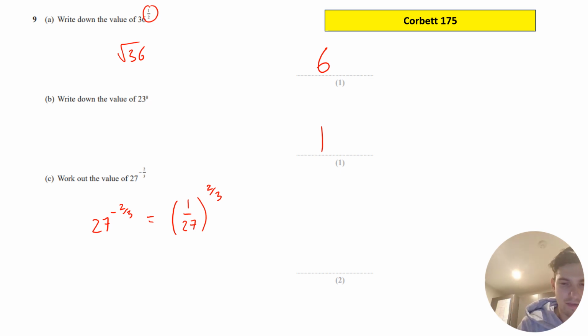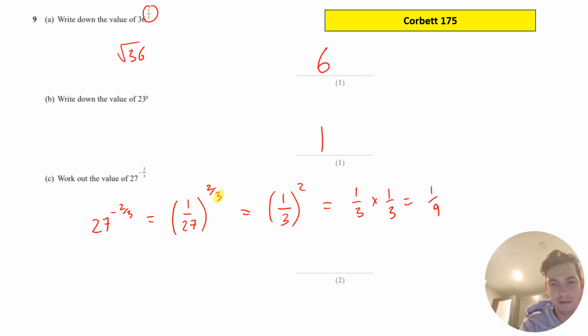Then I need to look at my 3, which means cube root. So the cube root of 1 is 1. The cube root of 27 is 3. But I still need to square that. So that is equal to 1/9. So it's worth going on to Corbett 175 if you want some practice with your indices. Next question.